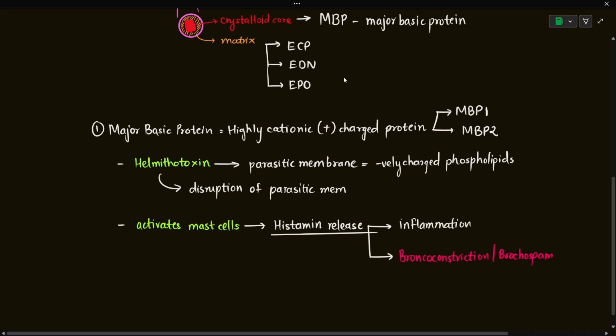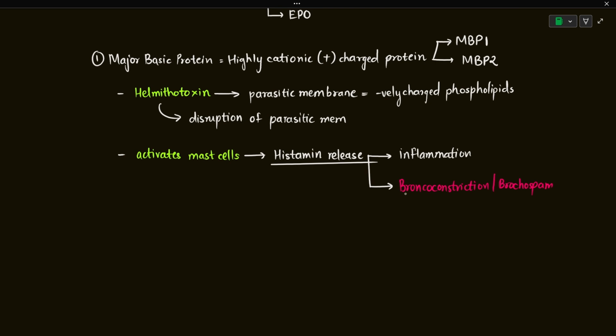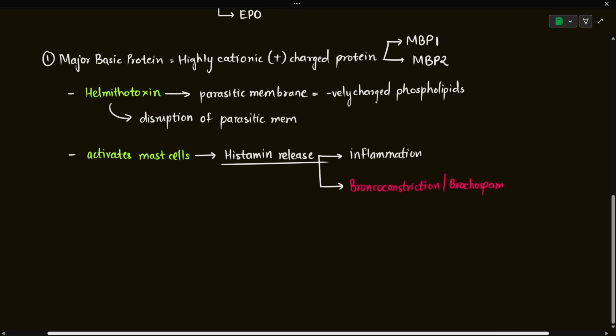Bronchospasm is done to ensure that the entry of pathogens is limited. The histamine release will result in bronchospasm, which will also result in sneezing and coughing.